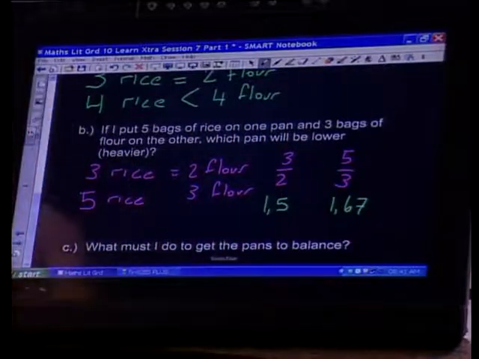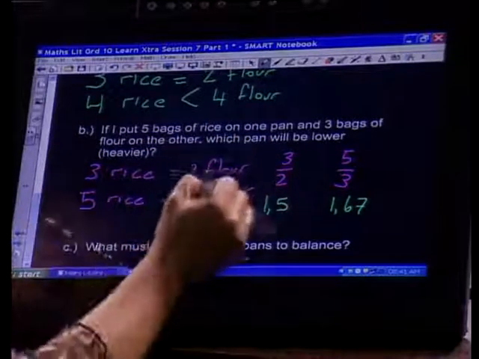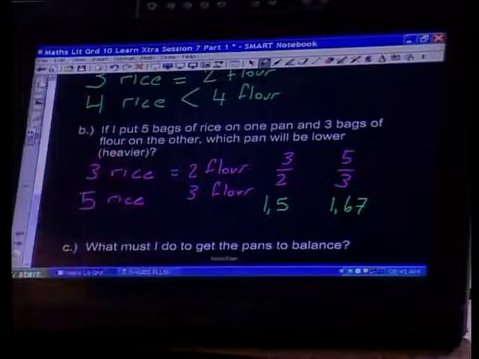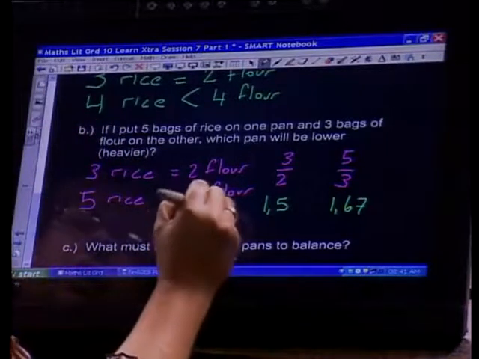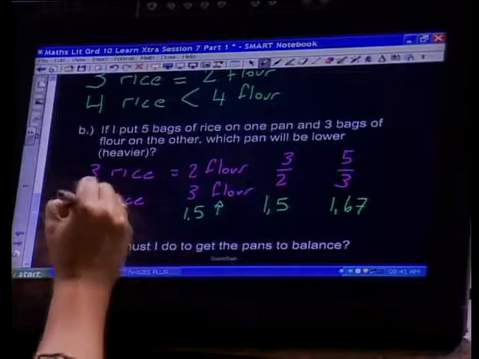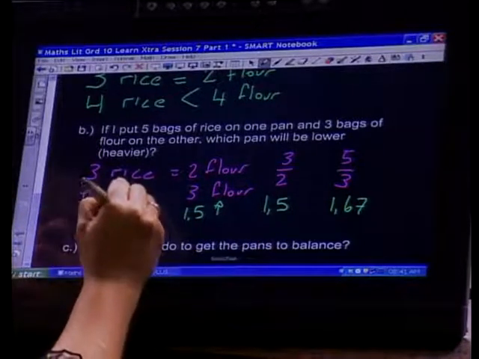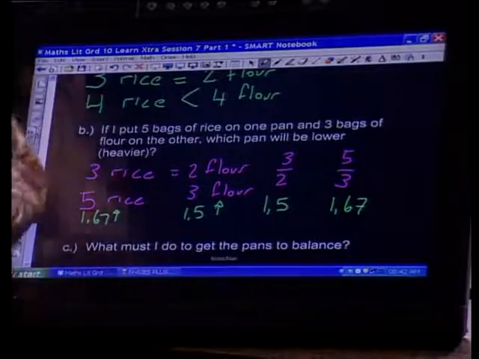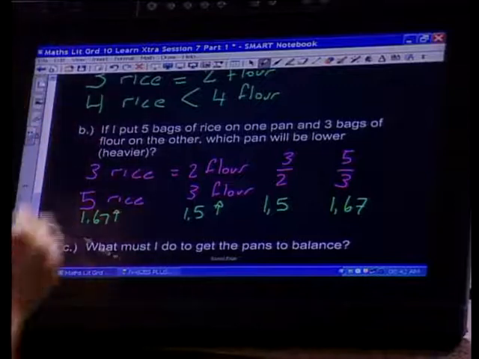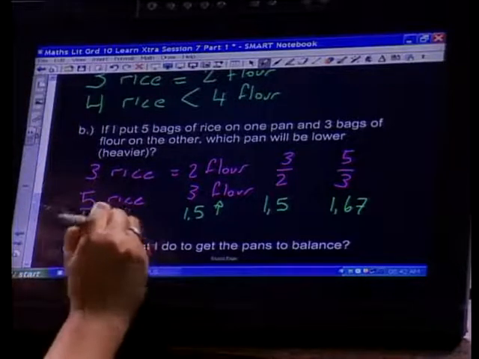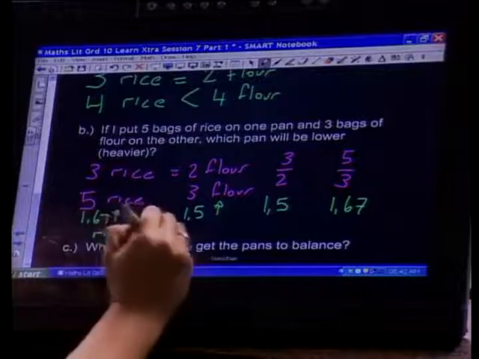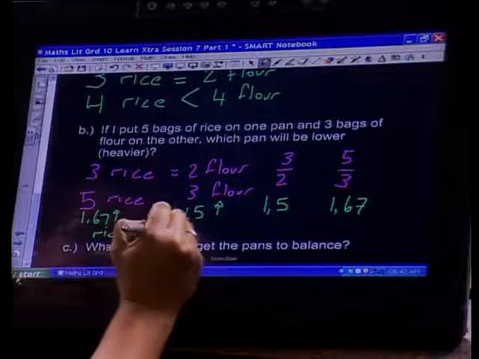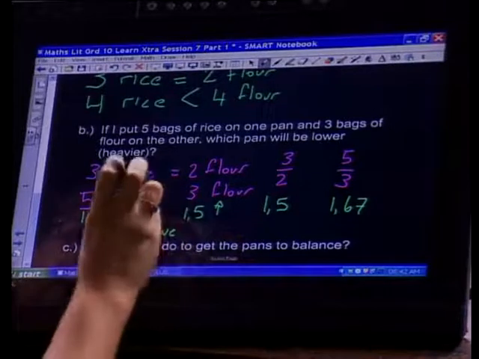What I'm telling you is that I've increased the first by 1.5, and I've increased the second by 1.67. So this is a 1.5 increase, and this is a 1.67 increase. So which one do you think will be heavier? Well, clearly the one with the bigger increase. So I'm going to go with, in this case, the rice is bigger. Not bigger, let's go heavier. Can't spell today.